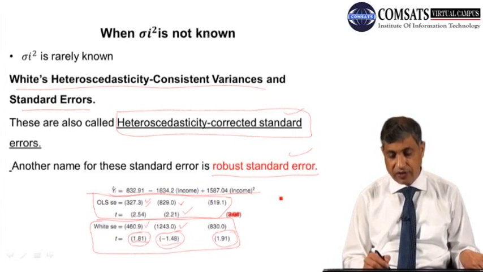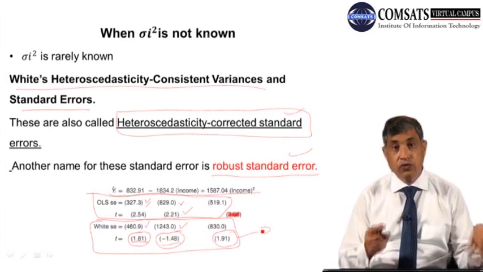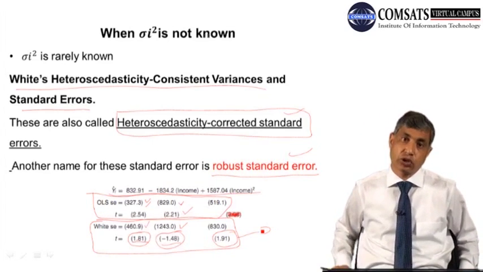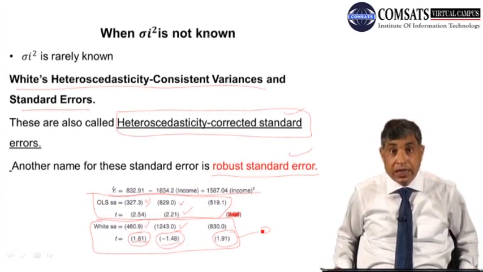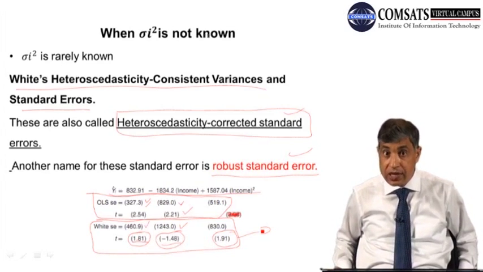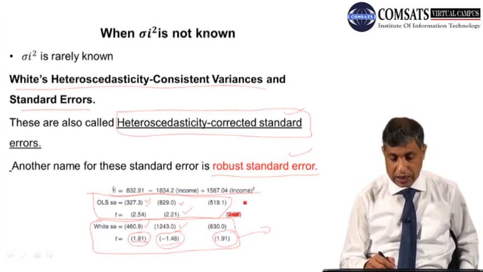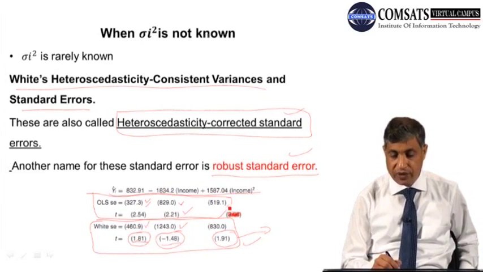So this is the message from here, that if you do not correct your parameters in the presence of heteroscedasticity, you may say that your results are significant, but in reality they are insignificant. Look here, everything was significant. Look at this t statistics, which should be here, so I will write it as 3.06.